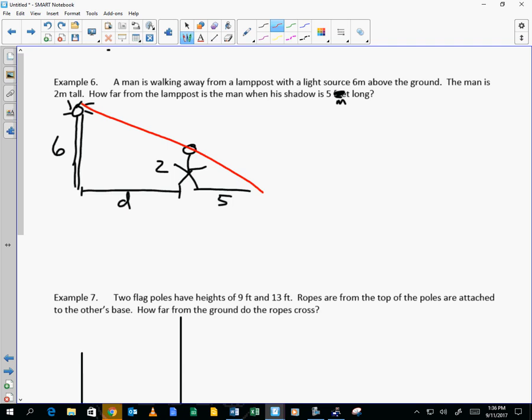There's 2 triangles. Are the triangles similar? How do you know? They share an angle, and they both have a right angle. And if 2 angles are the same, then the third angle is the same.